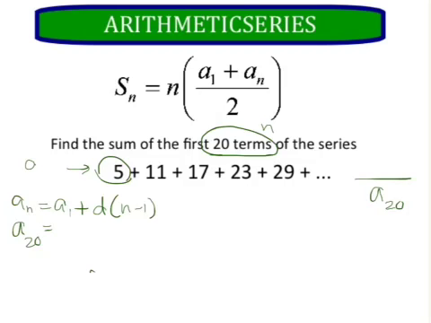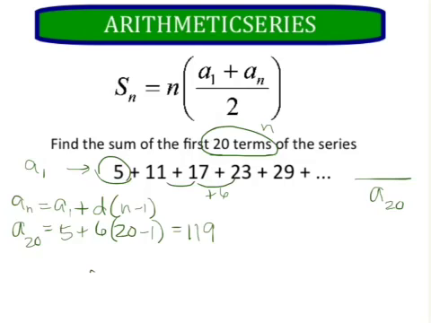A1 is 5, and then d here, it looks like I'm adding 6 each time, so plus 6, and then n is 20. I want the 20th term. So when I work that out, I get 119.